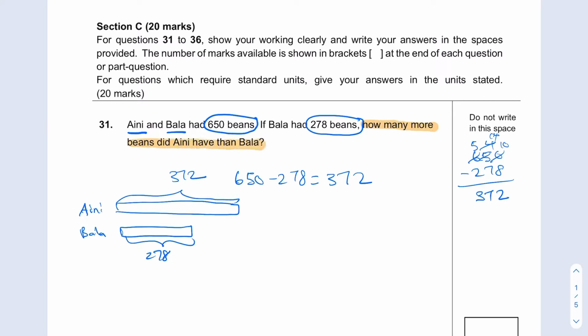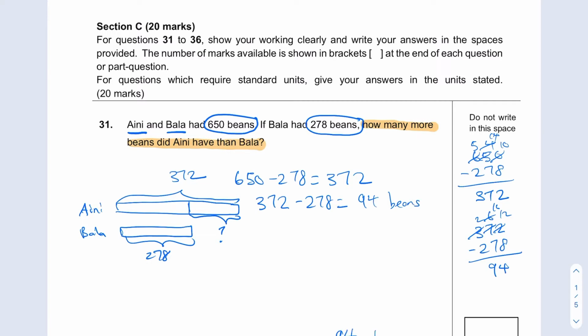So we find the difference, which is this part here. So we can take 372 beans minus 278 beans. This will give us 94 more beans. So Aini has 94 more beans than Bala.